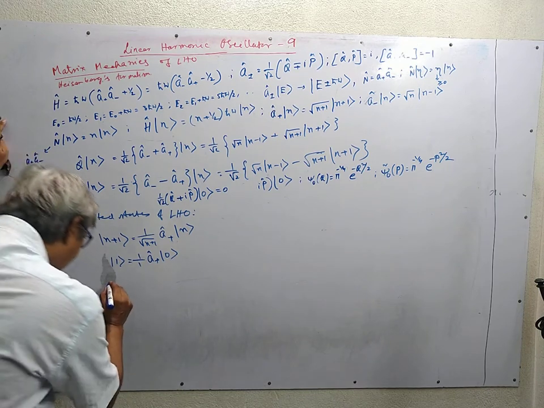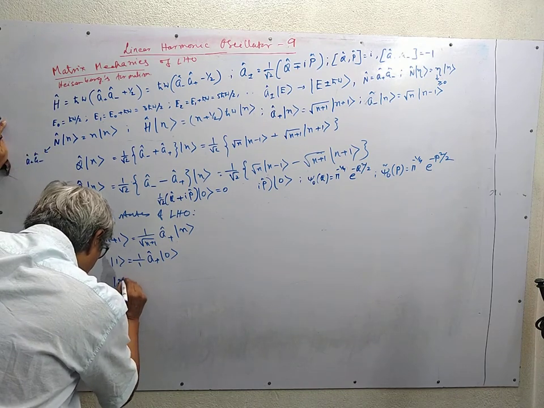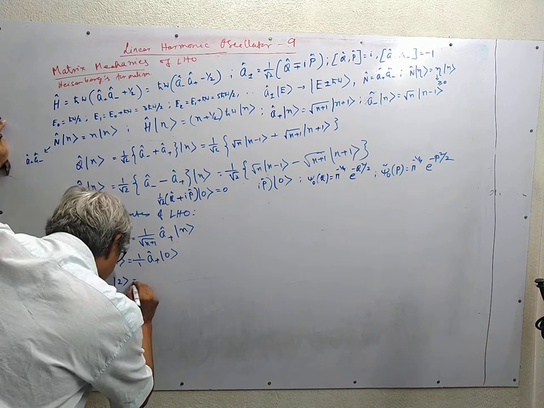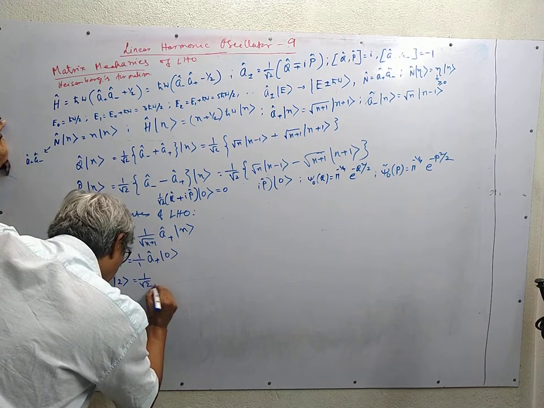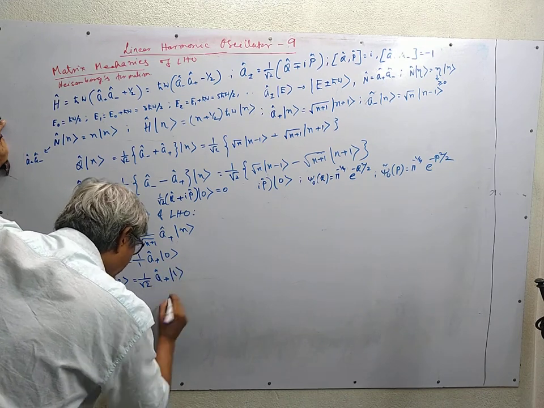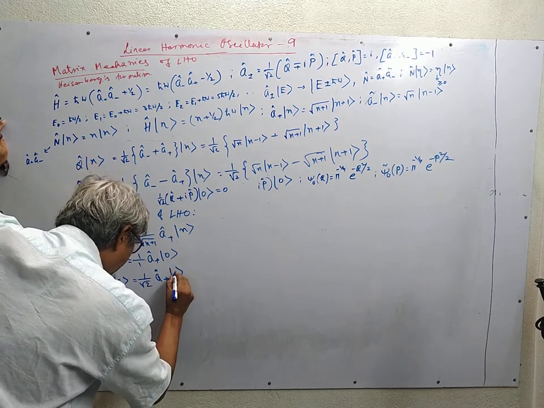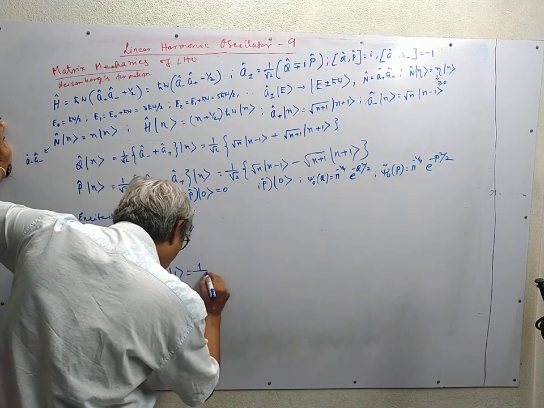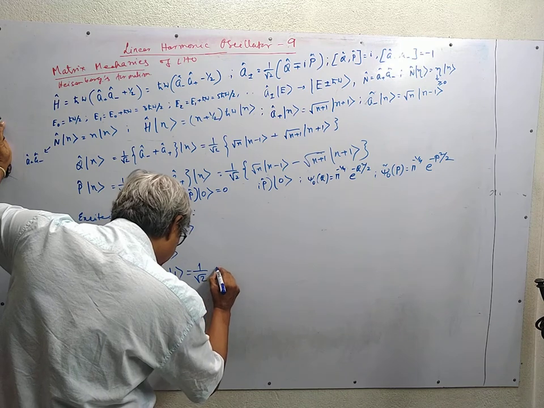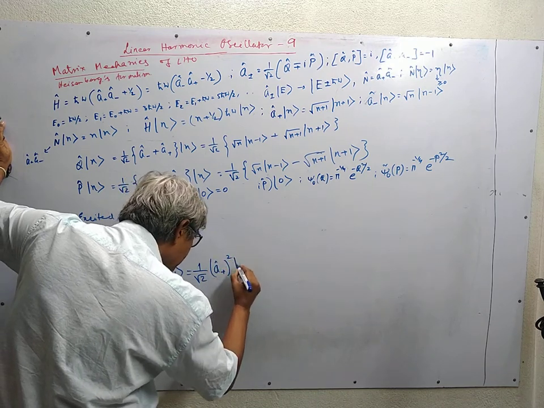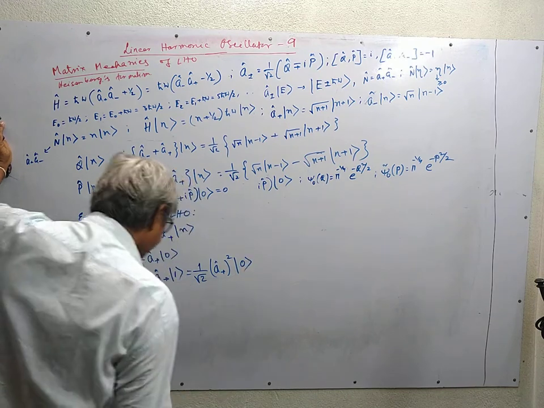Now come to the second excited state, say |2>. For this we put n is equal to 1, so this is 1/√2 a plus operating on |1>. When we replace |1> in terms of the ground state, we get 1/√2 a plus operating twice on the ground state.